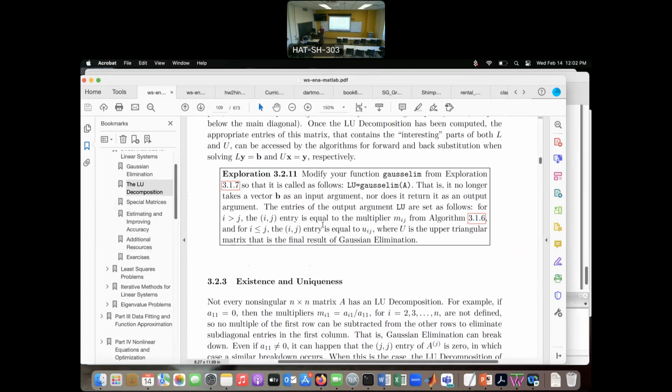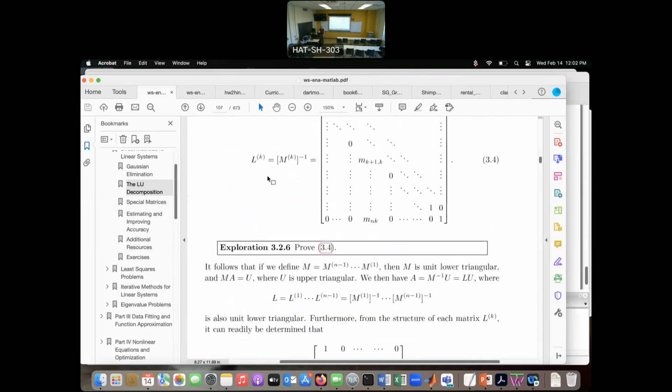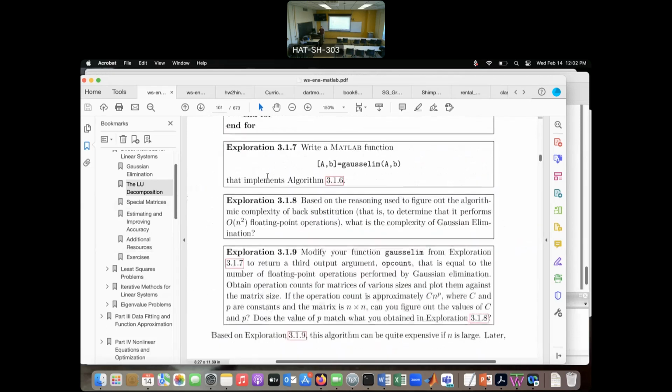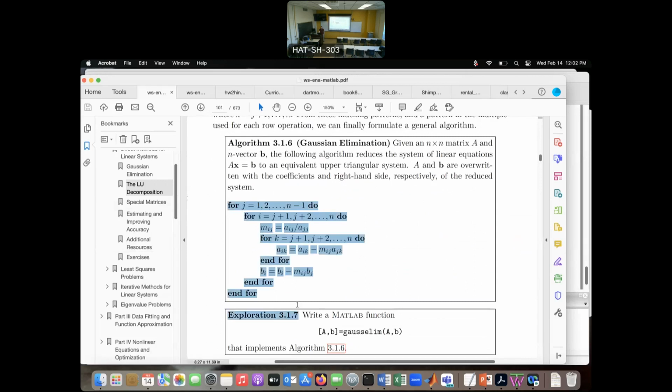The Gauss elimination algorithm you would have implemented just leaves whatever in the lower triangle, it's meaningless. But now you're going to put the multipliers in those positions. There's only one matrix that gets returned that has both L, the interesting part of L, and U in it.